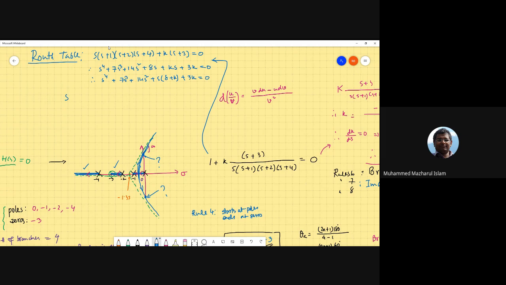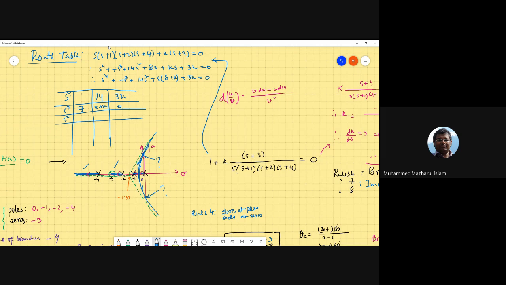Now let's make the Routh table. You've just learned this in Meet 2, so I don't think you've forgotten it. s to the power 4 will have coefficients 1, 14 and 3k. s to the power 3 will have a coefficient of 7 and 8 plus k.